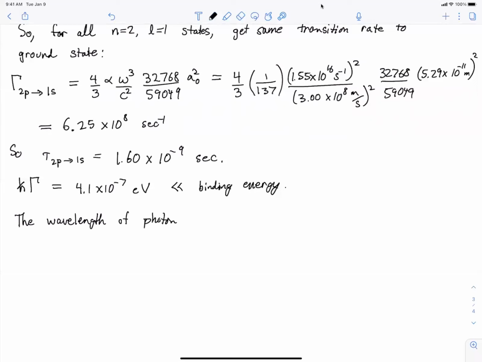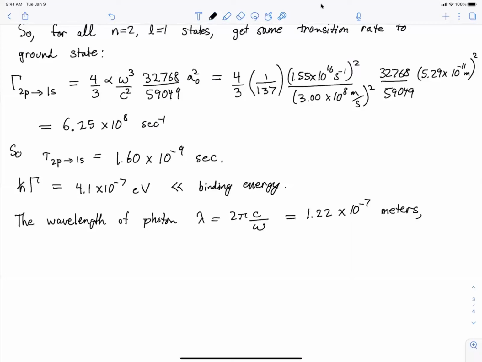Okay, so wavelength lambda is 2 pi speed of light over omega, and you plug in the numbers, and that's 1.22 times 10 to the minus 7 meters. And so why is that important? Well, remember, we were using the electric dipole approximation, which means we were assuming that the wavelength was very large.